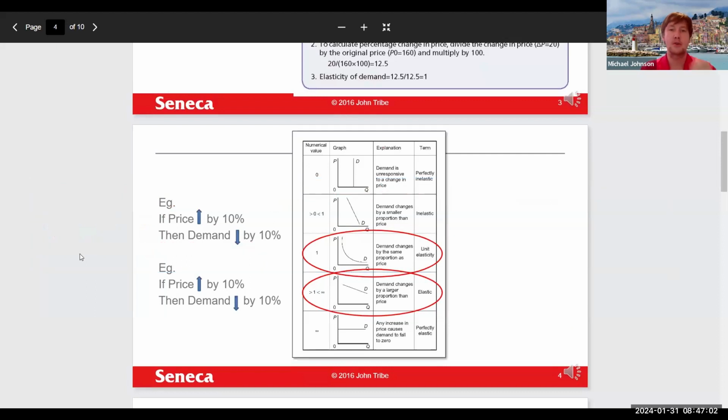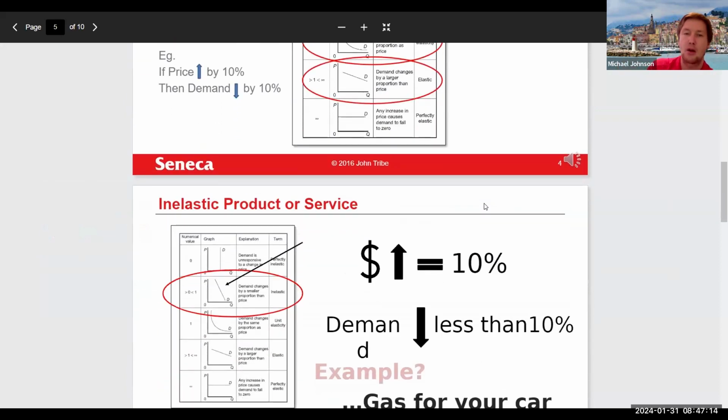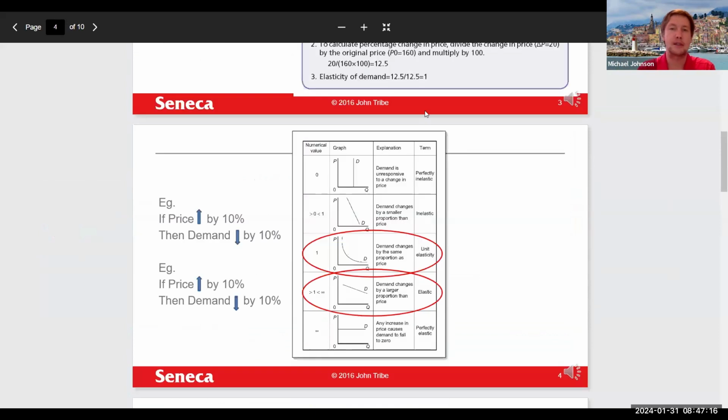So if price goes up by 10%, then demand goes down by about 10%. That's close to what would happen there, but in actuality it would be a little bit different.